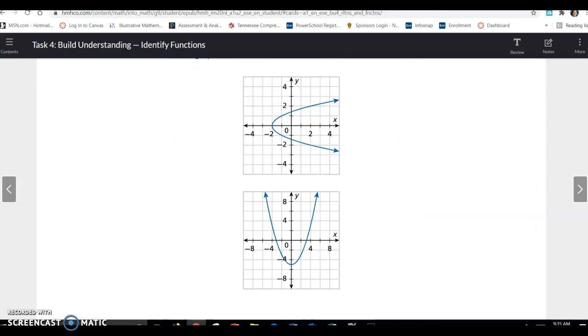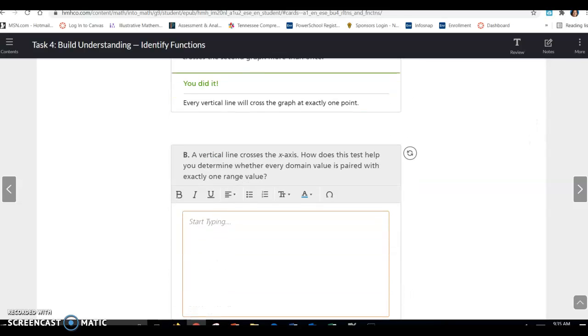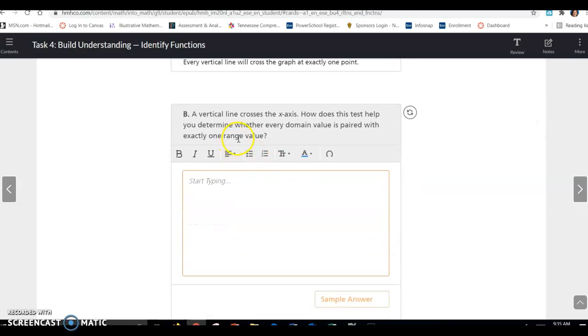Where if you have something like this, like if you look at 2, for example, 2 goes with -2, and 2 also goes with 2. So this one has 2, where this one would not. So you can use the vertical line test to show that each element of the domain, or each x, goes with exactly one element of the range.